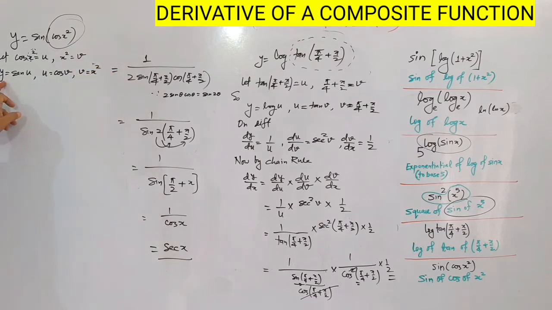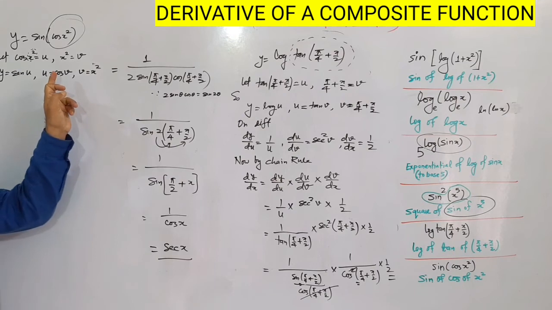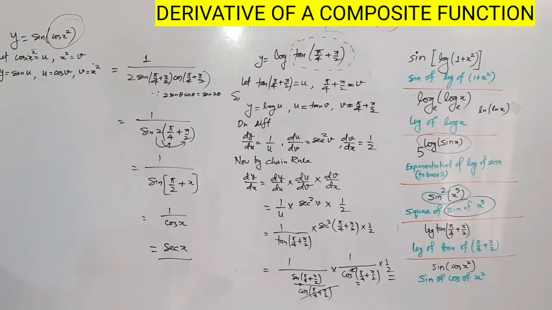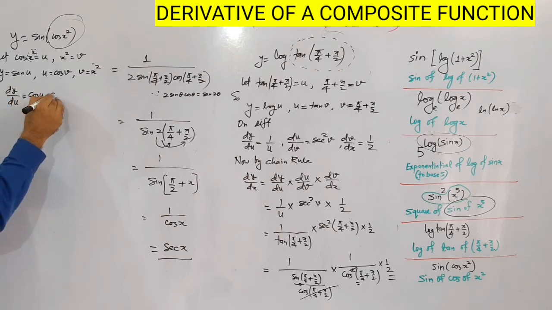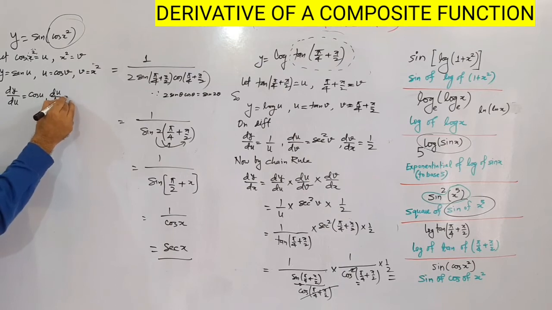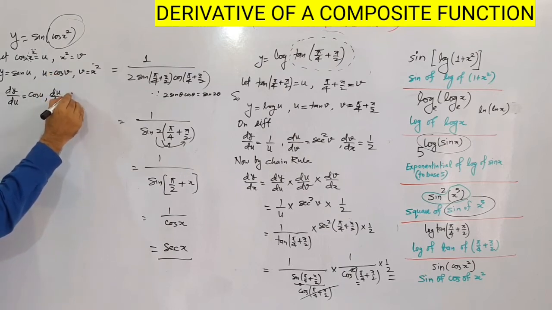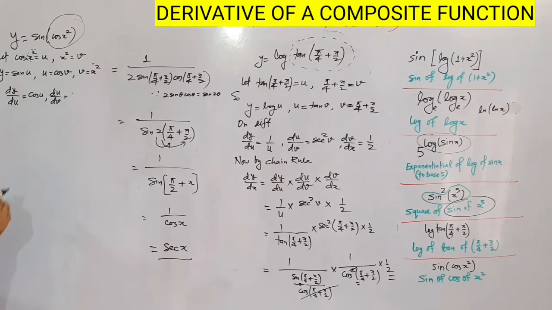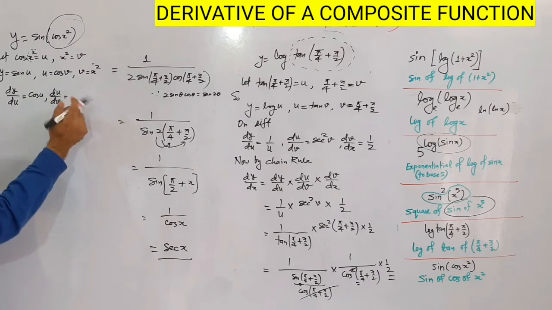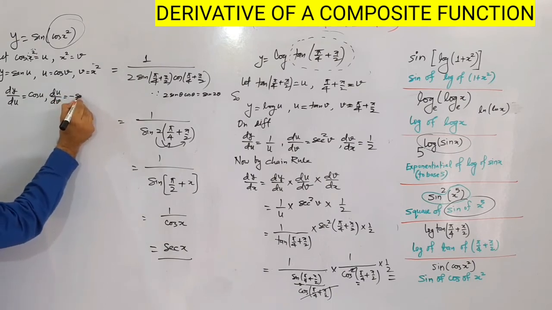Now y can be differentiated with respect to u, u can be differentiated with respect to v, v can be differentiated with respect to x. So dy by du is cos u. The derivative of u with respect to v: u becomes cos of v, and the derivative of cos v is simply minus sine v.